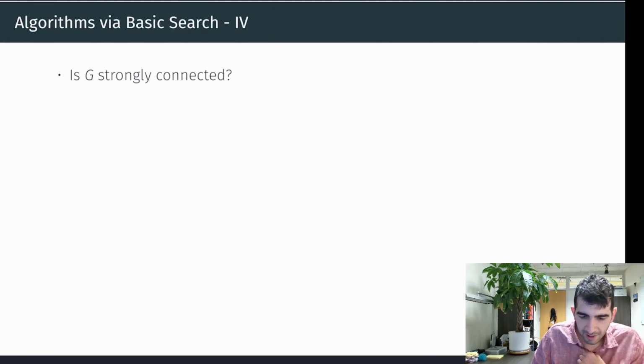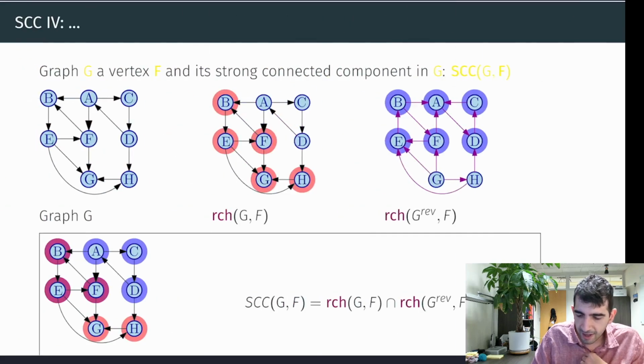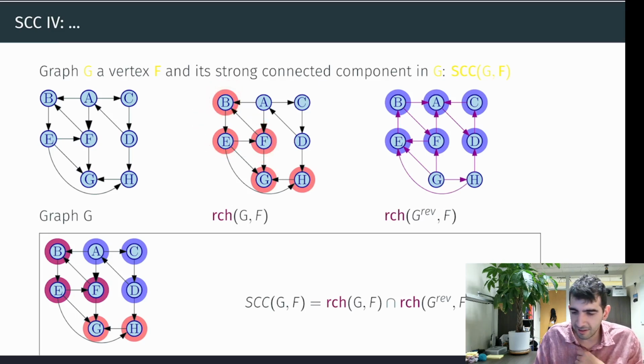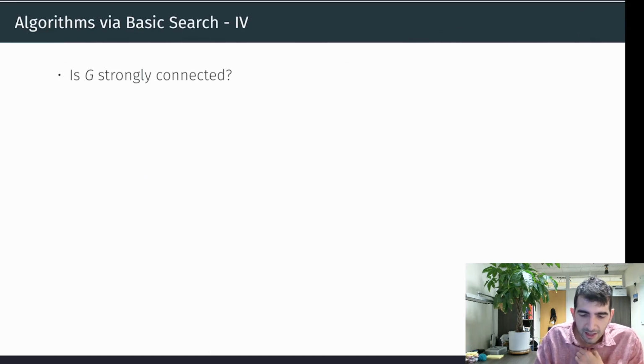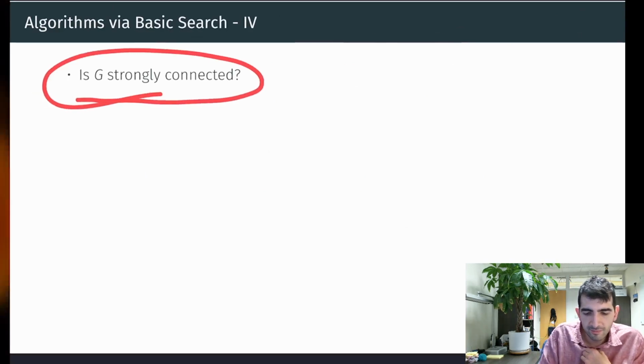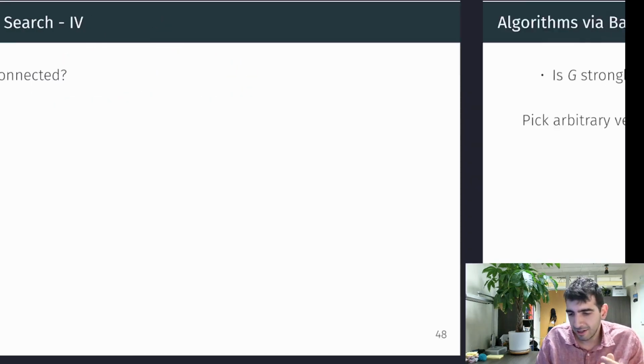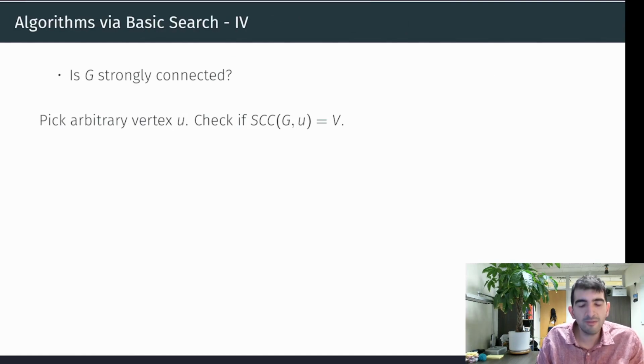So, finally, how fast is this? Well, to compute a strongly connected component that contains B, it is linear time, right? Okay, so we already answered that question. Next question, is G strongly connected? How fast can we answer that question? Pretty fast, right?